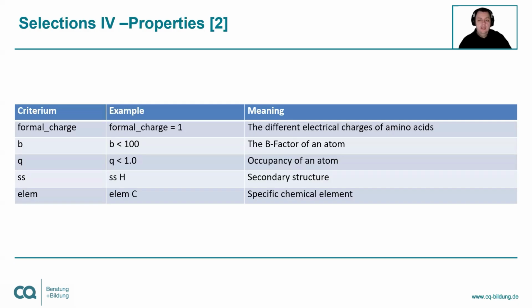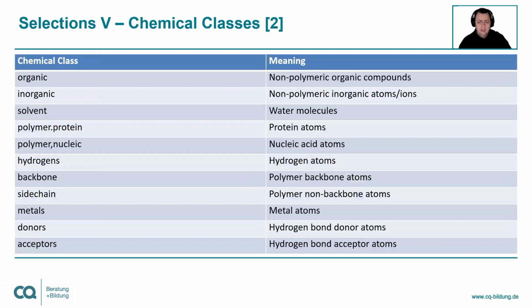And there's also the elem criterion, which allows users to pick atoms of a specific chemical element, for example, C for carbon. Last but not least, there are different chemical classes like organic and inorganic, allowing users to pick non-polymeric compounds. Accordingly, solvent would allow users to pick only water molecules.